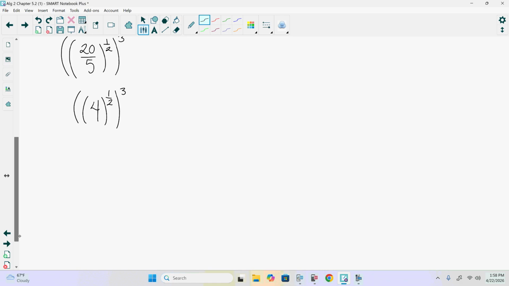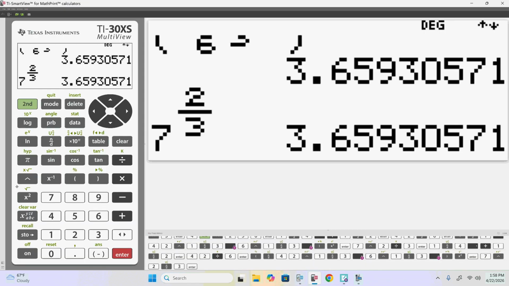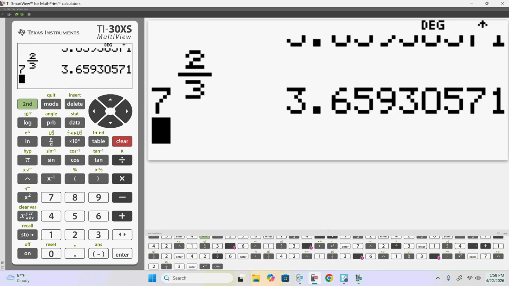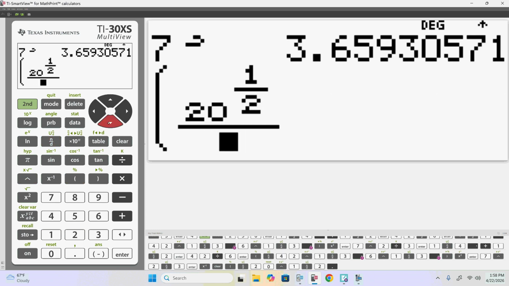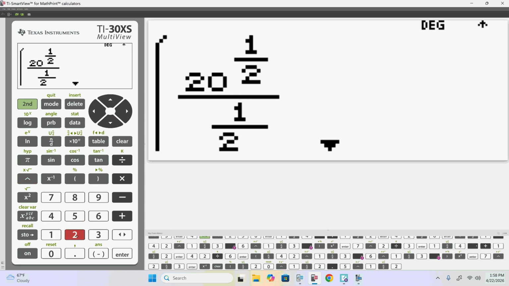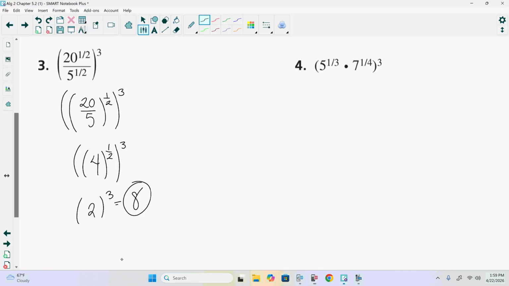What's the square root of 4? Questions on any of these so far?